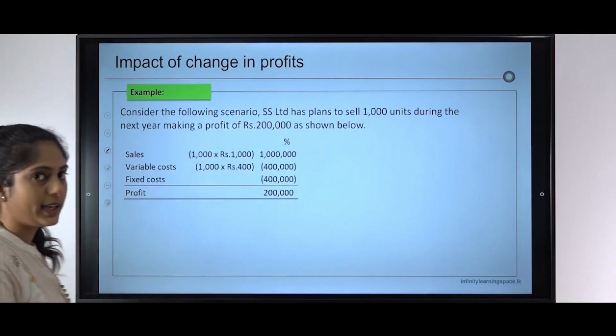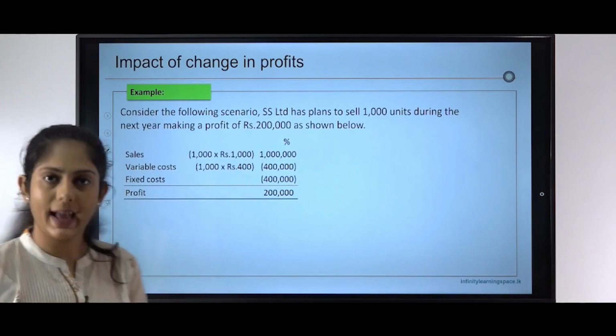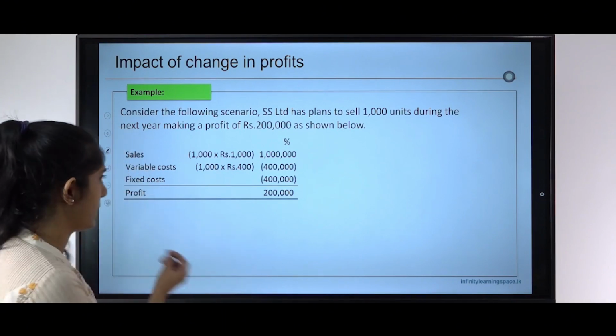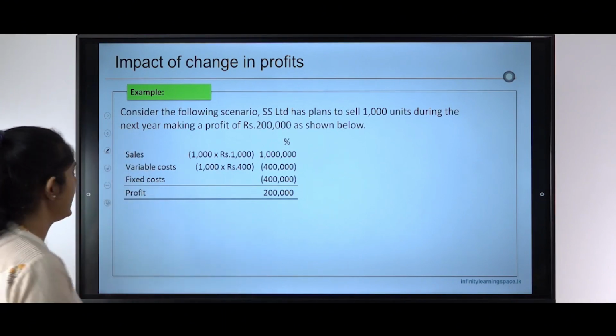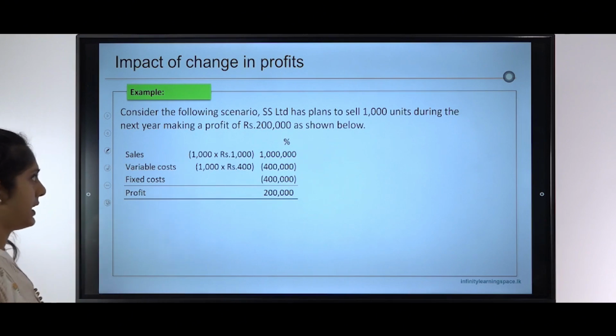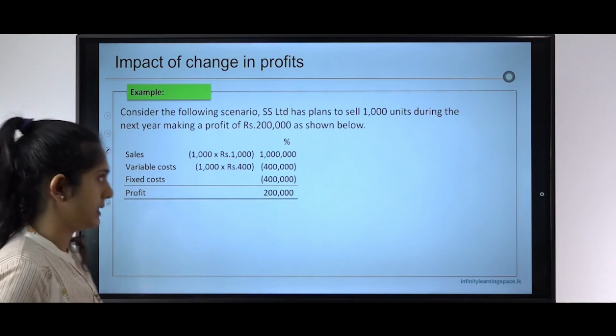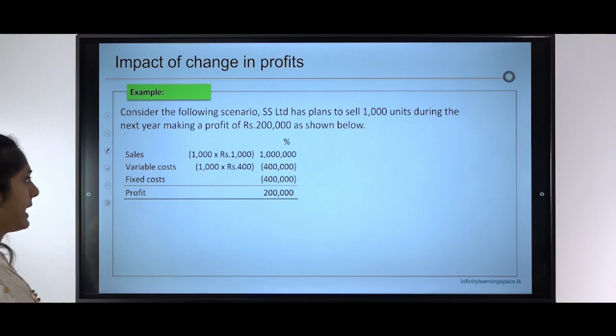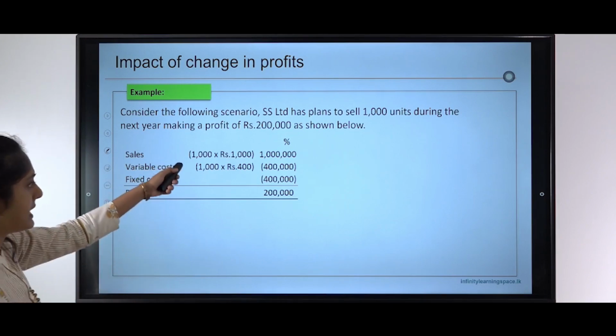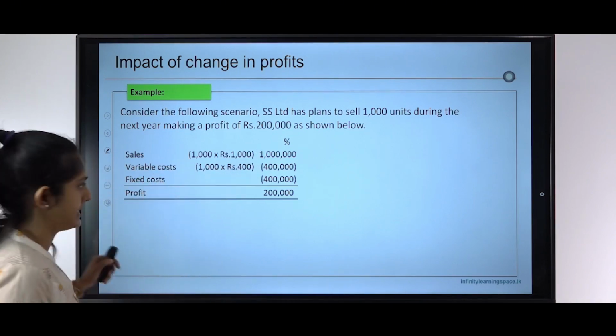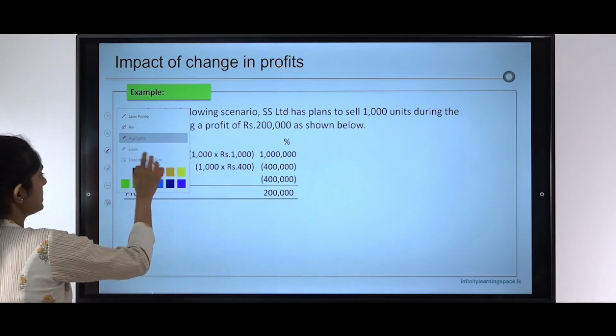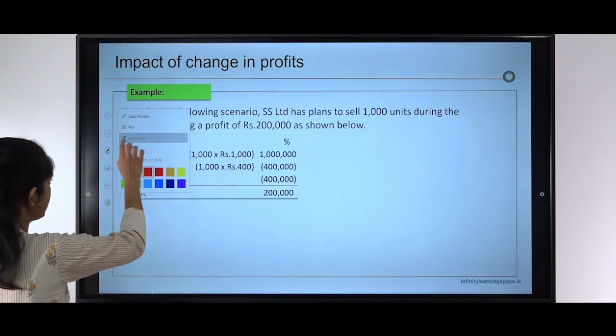Now, this is a more detailed scenario. We are not going to have changes in one place, but we are going to look at all the changes, right? Consider the following scenario. SS Limited has plans to sell 1000 units during the next year, making a profit of 200,000. So, if you take the sales, they have arrived at sales as 1000 units, like they said, into 1000 rupees per unit.